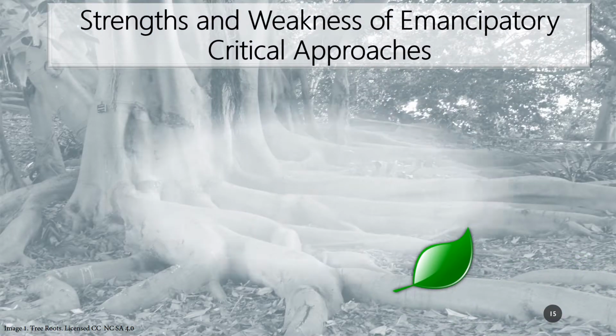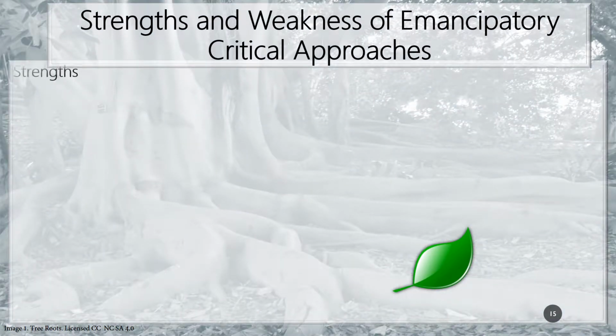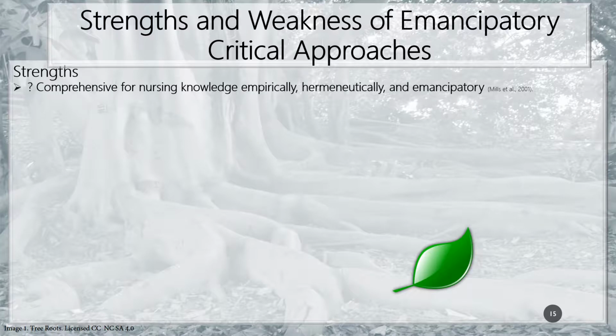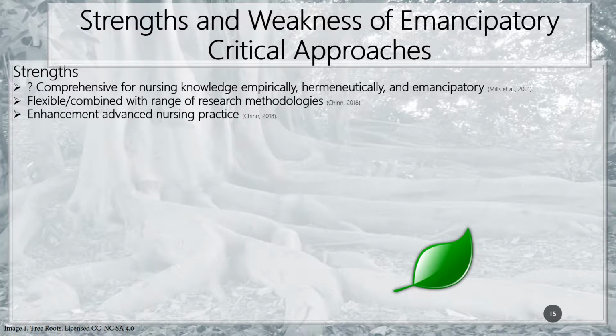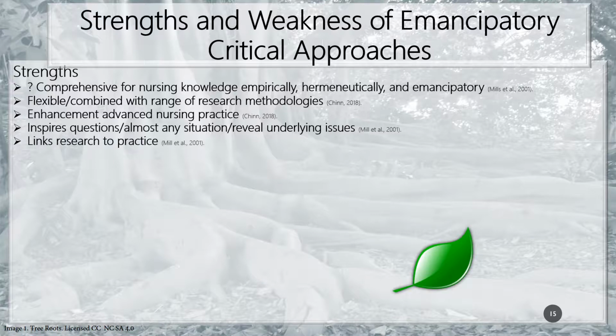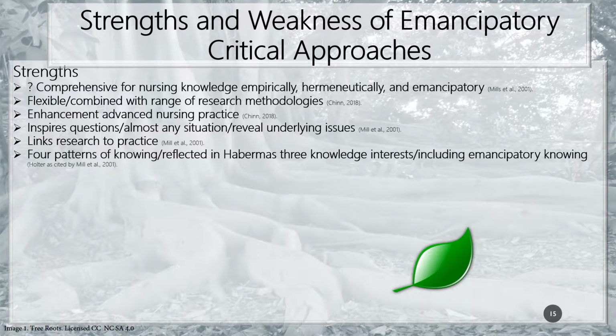So the primary strengths of the critical emancipatory approach are that it's comprehensive, it's flexible, it has the potential for enhancing advanced nursing practice. It's a way of being that promotes critical reflection and digging deeper to identify and solve issues. It appears to be congruent with nursing's philosophical concepts, leading to emancipation.